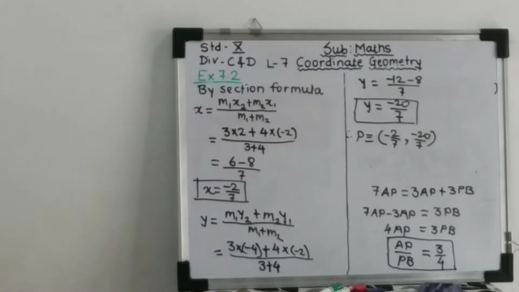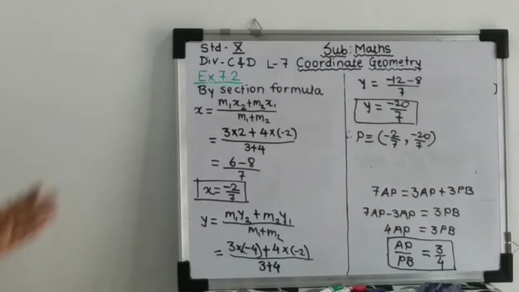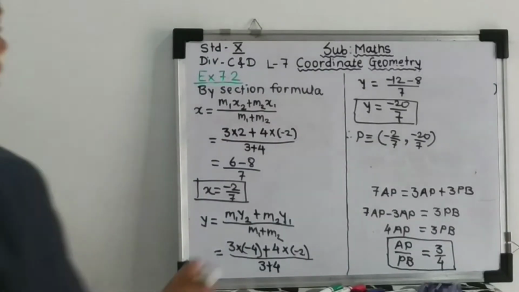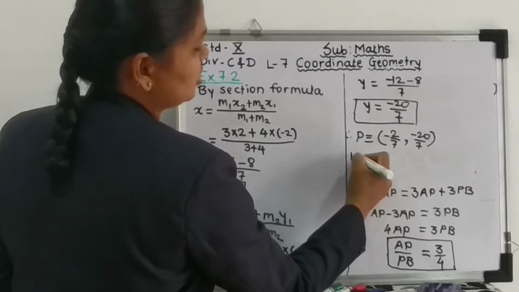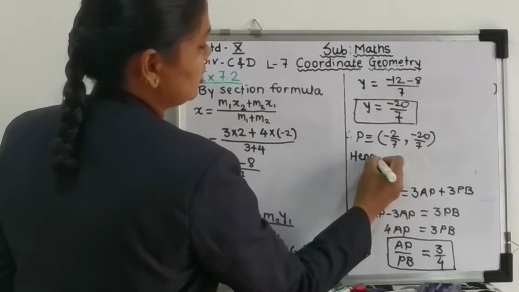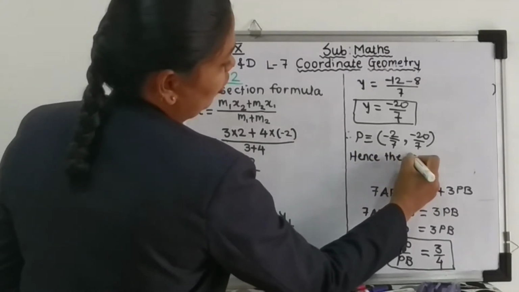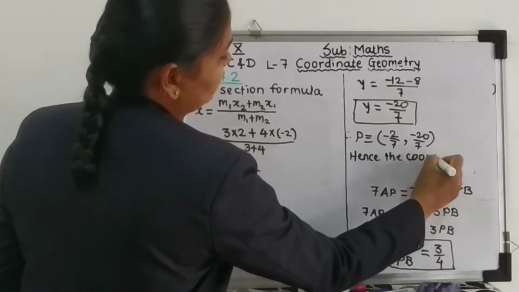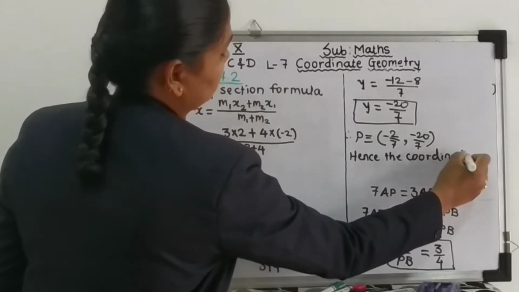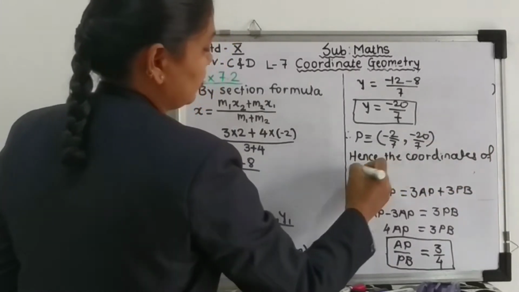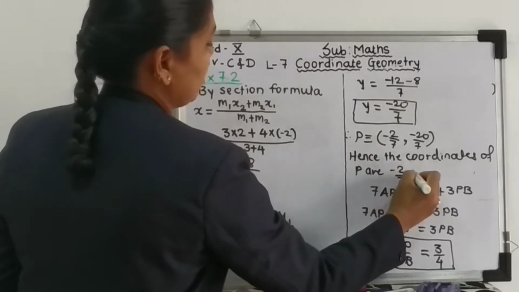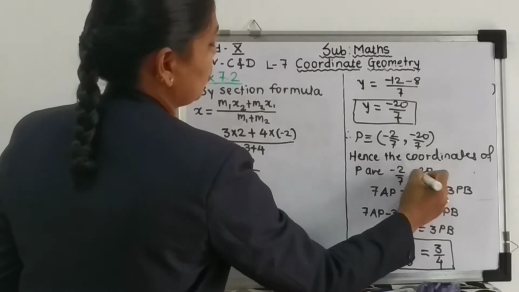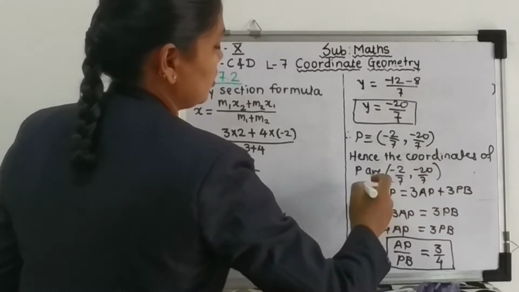So hence the coordinates of the point P are minus 2 by 7 and minus 20 by 7. You can write here hence or thus. Hence the coordinates of P are minus 2 by 7, minus 20 upon 7.